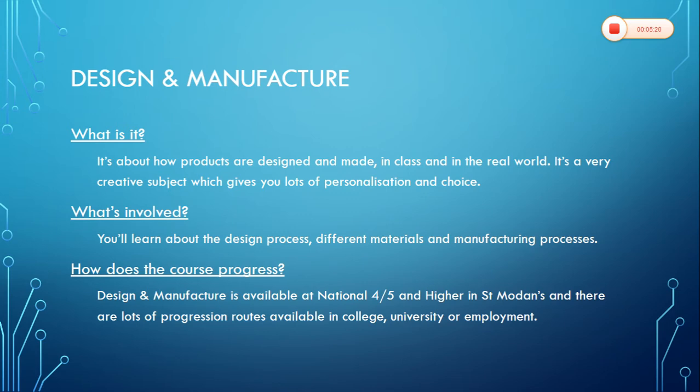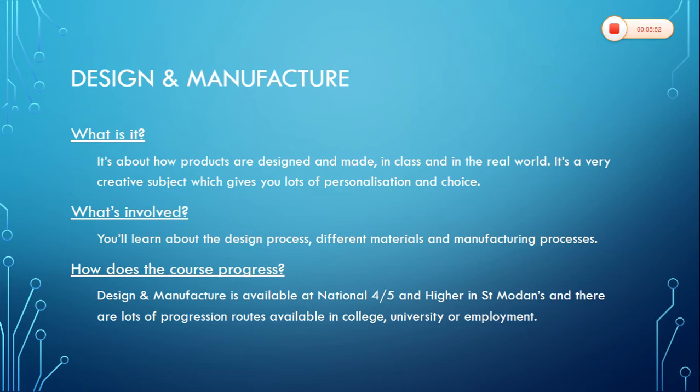We're not expecting people to be able to make those things, but we're expecting you to learn a bit about how the designers came up with their ideas, and then how they refined their ideas, how they made them better, how did they test their ideas were good ideas, how did they find out which changes they had to make. So if you like that creative, problem-solving, imaginative thought process, then design and manufacture might be something that you want to do. And it gives you real scope to be unique and individual.